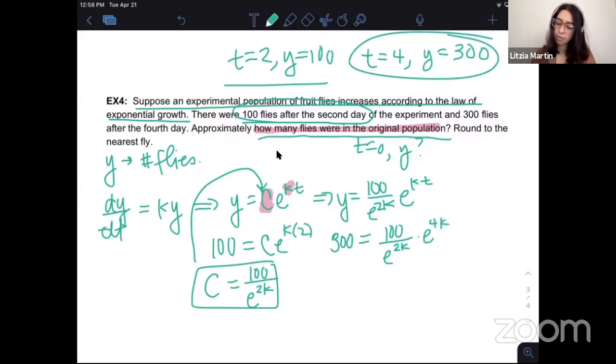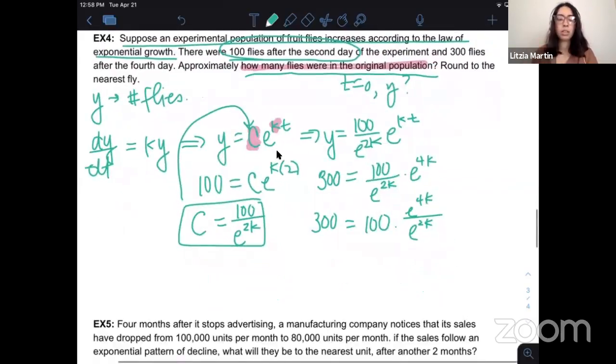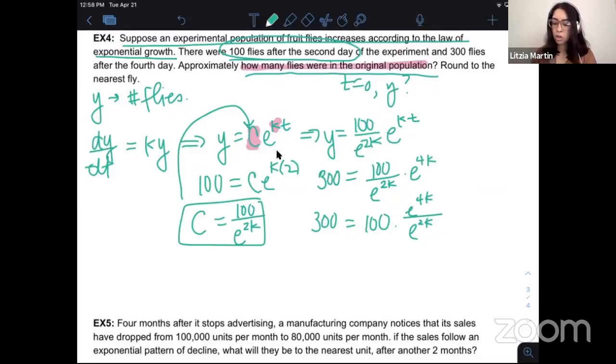Technically what we have, if I were to kind of rewrite this just a little bit, e to the 4k divided by e to the 2k. And when we're dividing exponentials, we just need to subtract their powers. And we can also divide by this 100. Why not? Let's do it all in one step.